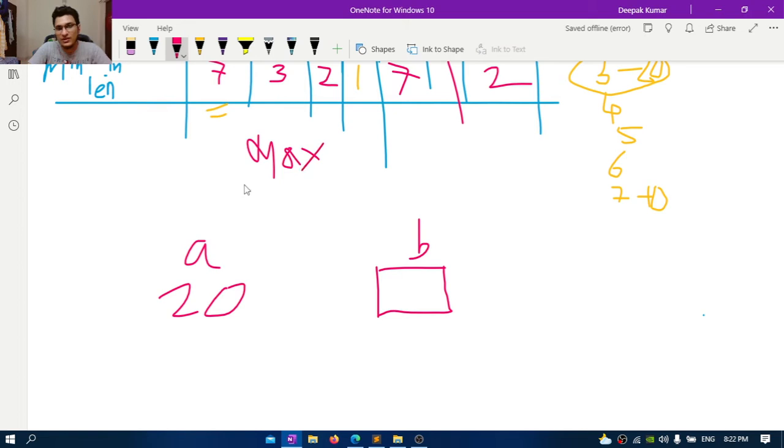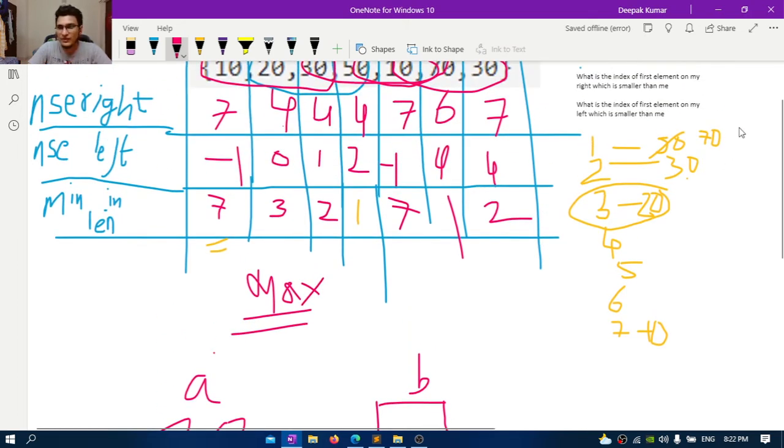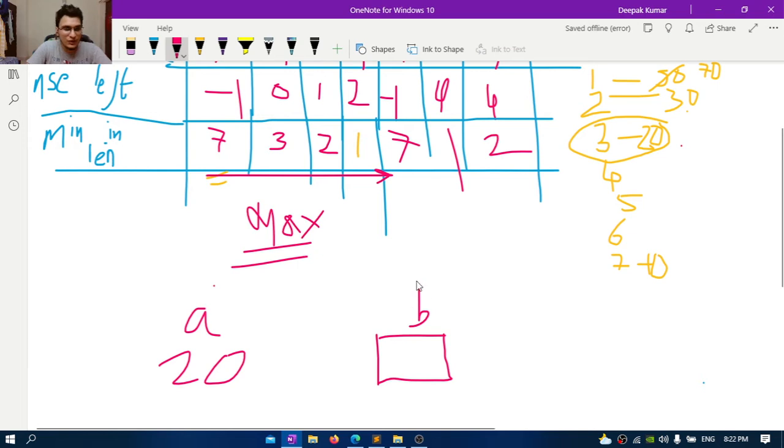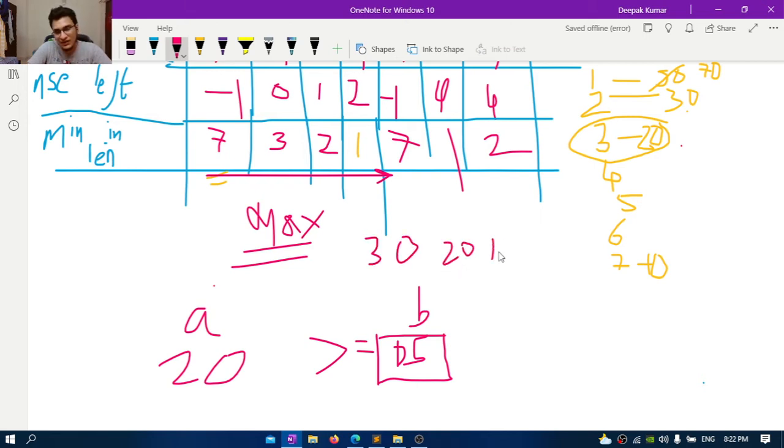The value that I've got here after processing once will always be the maximum, so the value of B could only be less than or equal to 20. I'll tell you why. For example, if B is equal to 15, that means there is an array in which, for example, there is 30, 20, 15, and then 20, right?